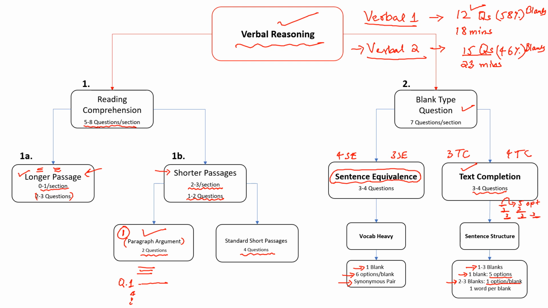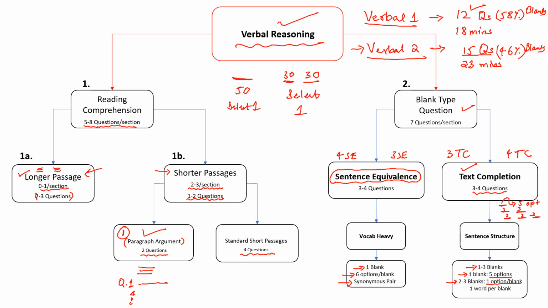Just in case you got confused, because I realized midway that I was not talking very clearly, maybe I should repeat it. So if you have a single blank text completion question, you will have 5 options, okay, and you will have to select one. If you have a double blank text completion question, you will have 3 options for the first blank, you will have 3 options for the second blank, and you will have to select one for each.